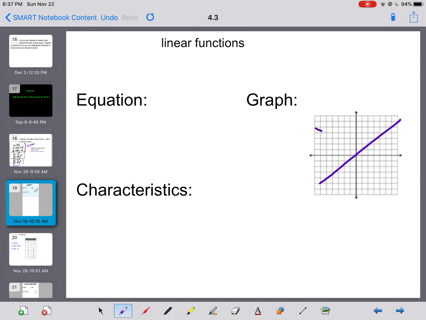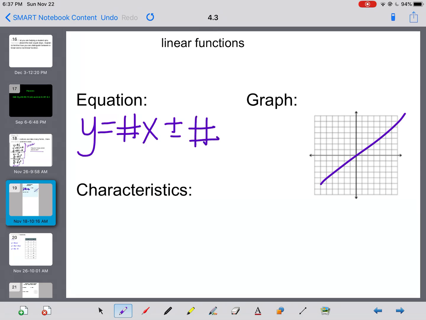All right, so let's start with just a little review and some hints on how to know and write a linear function. The equation for a linear function, which means it's going to be a straight line graph, means it could go this way, it could go this way, it could even be horizontal, but it can't be vertical. Okay, that graph is going to look like a straight line.